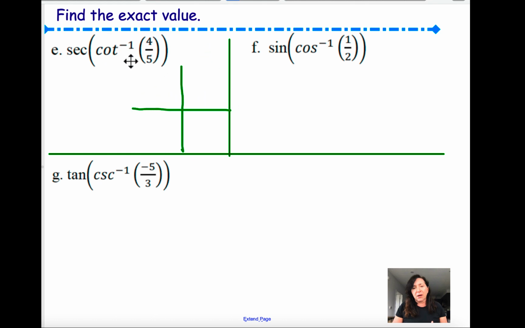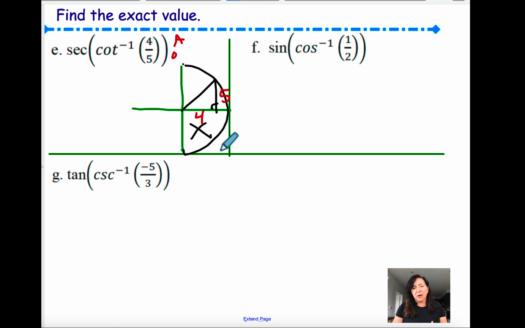And because it's an arc cotangent, again, I do have a restricted domain of negative pi over 2 to pi over 2. But negative is out because it's positive. And so where is cotangent 4 over 5? Remember, tangent is opposite over adjacent. So cotangent is adjacent over opposite. So the adjacent side is 4. The opposite side is 5.